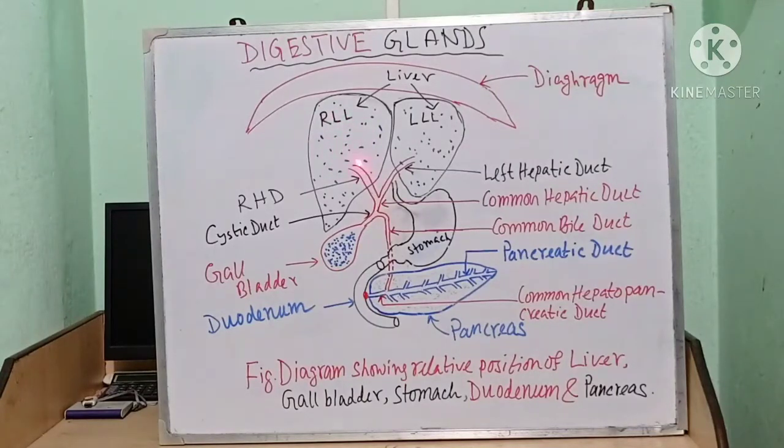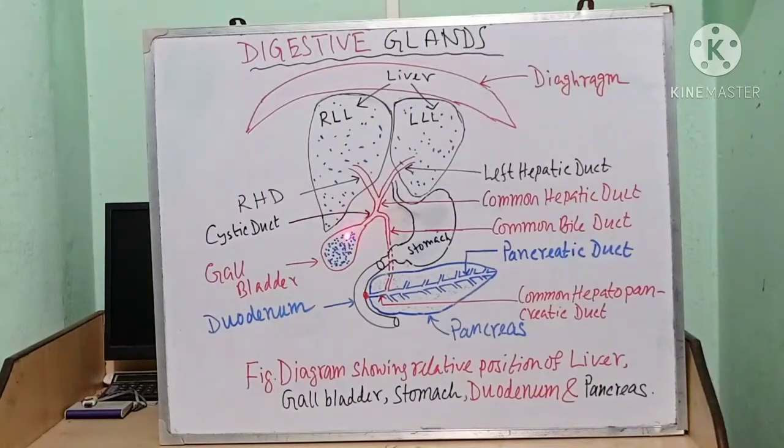And now this RHD, right hepatic duct, and this LHD, left hepatic duct, unite here to form the common hepatic duct or CHD.